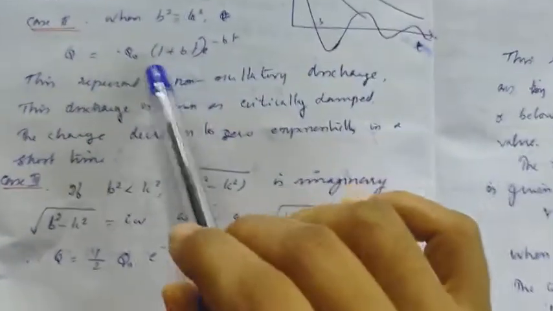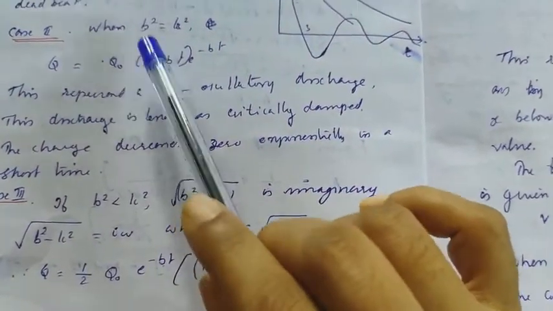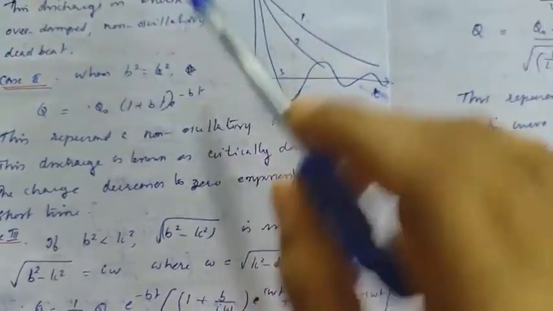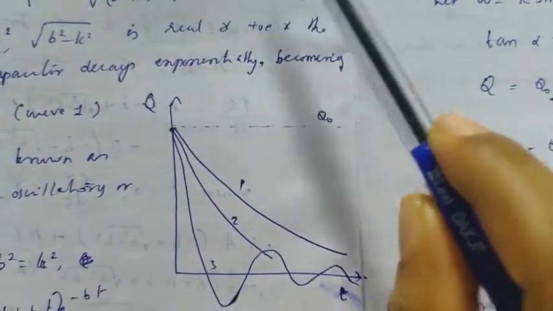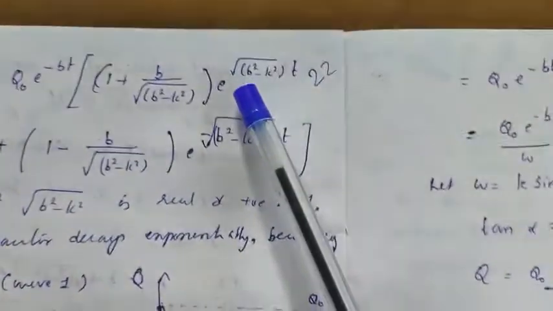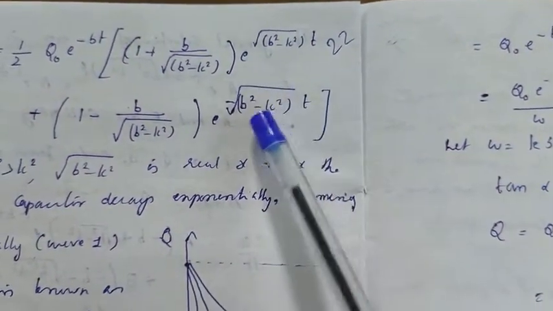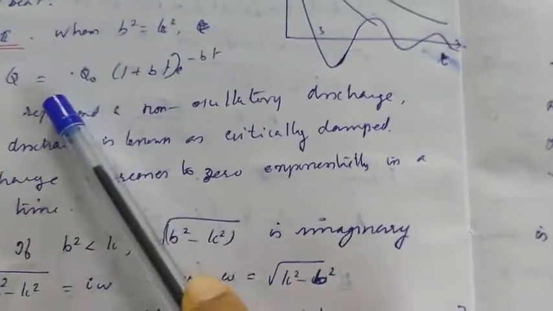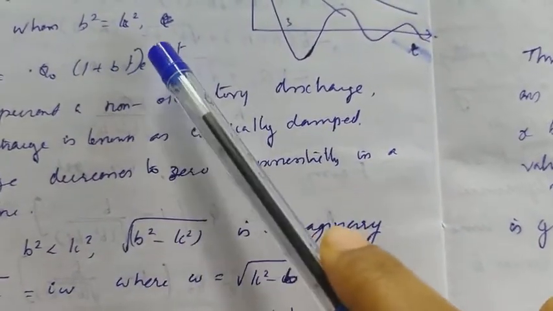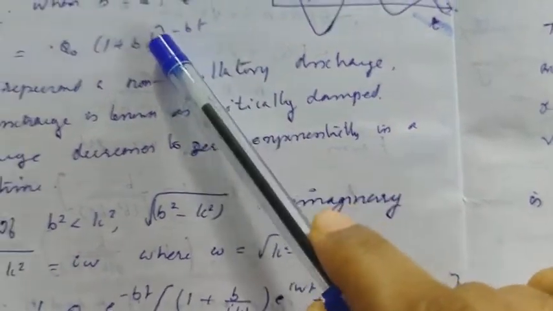Now the second case, when b square is equal to k square. In this equation, the exponential factor term will become 0, so the equation can be written as q is equal to q0 into 1 plus bt, e raised to minus bt.